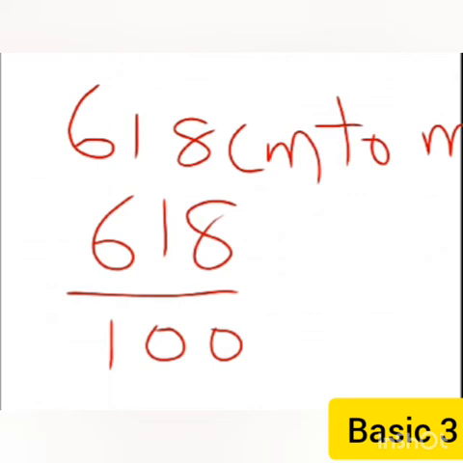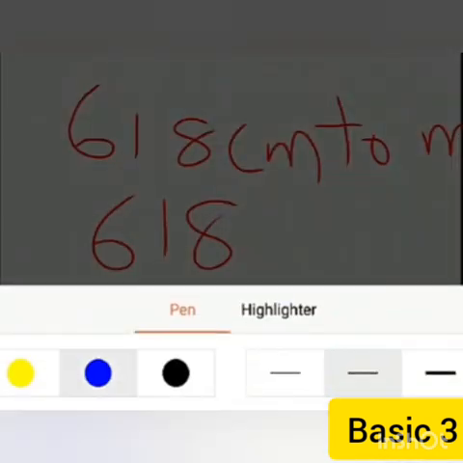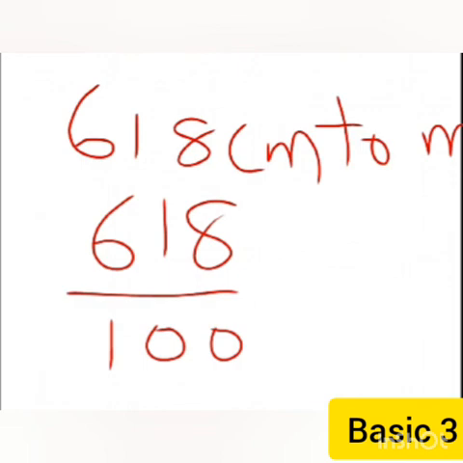So let's do the movement now. Let's take a color so that you understand what I mean. It's assumed that the decimal point is behind 8, so it will move 1, 2.